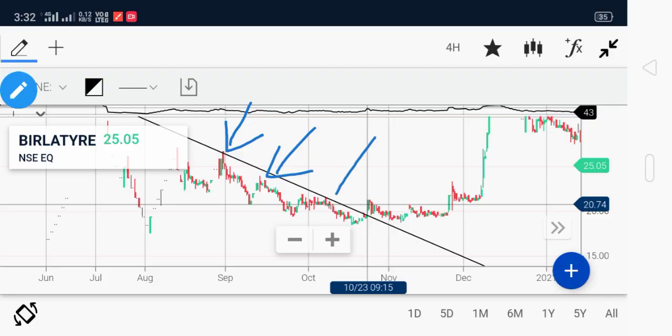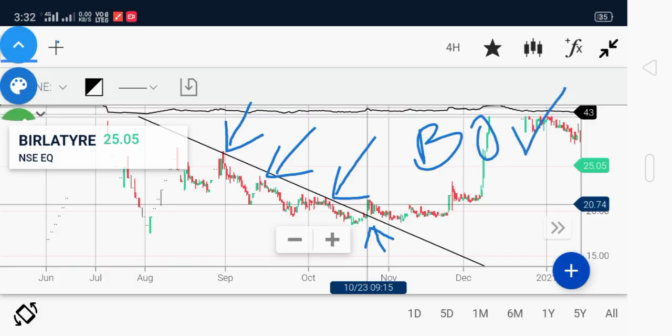twice, thrice, and then it broke the resistance line and went above it. So what do we call it as? We call it that breakout happened, right? I will show you clearly once.